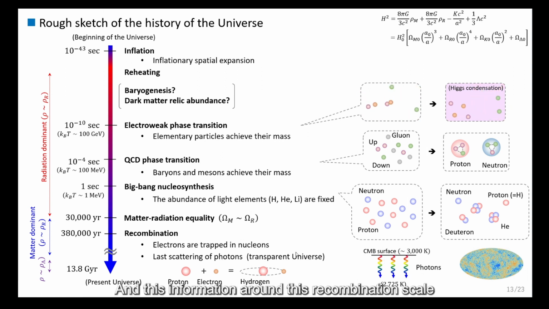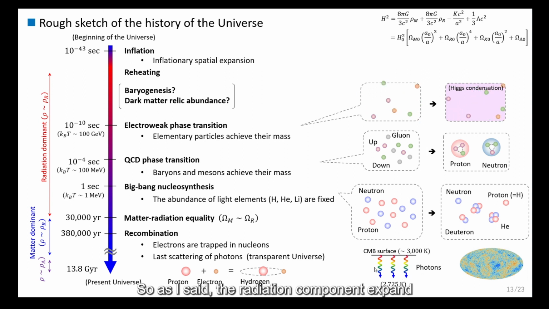And this information around the recombination scale, the temperature, I said is on the order of 1 electron volt, but in Kelvin it is roughly 3000 Kelvin. This information can be measured in current observation.